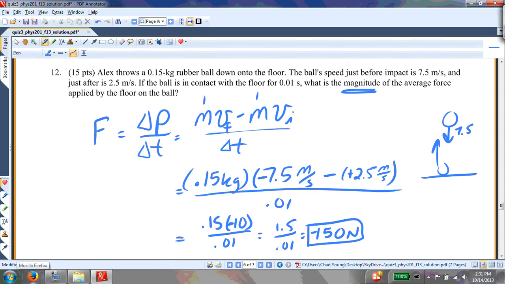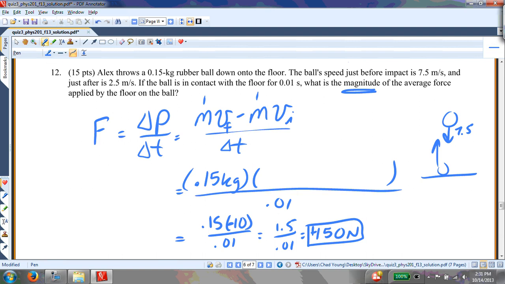Actually, let's see. I think I had a mistake here. It does come out to 150, but it actually comes out to positive 150. I got my things wrong. This is where it always gets you on these problems.